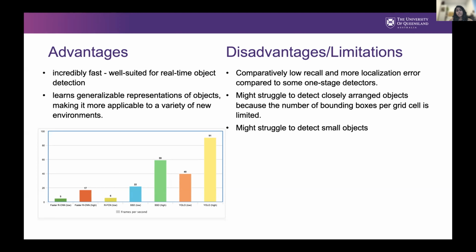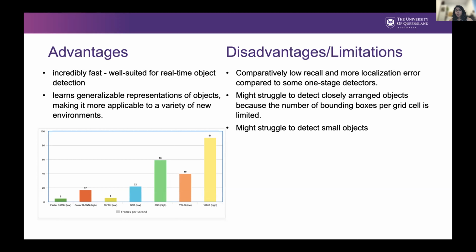A few disadvantages or limitations of YOLO might be that accuracy-wise, it might not achieve as accurate results as two-stage detectors sometimes, but I think this has been surpassed now with a lot of modifications that have happened. And because each grid cell will have a predetermined number of anchor boxes, there's a limitation to how many predictions each grid cell can make.